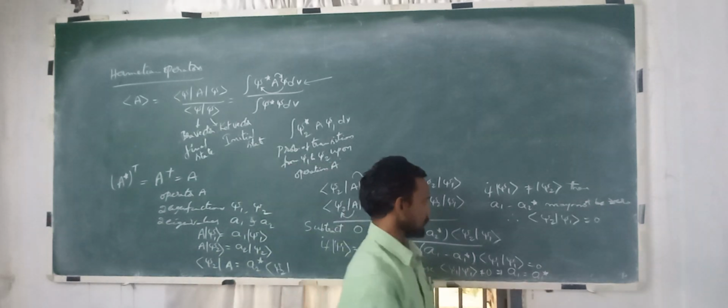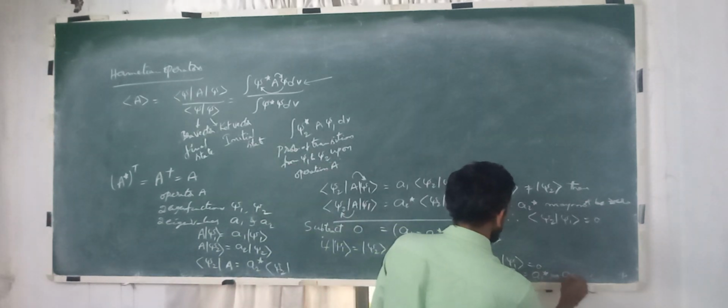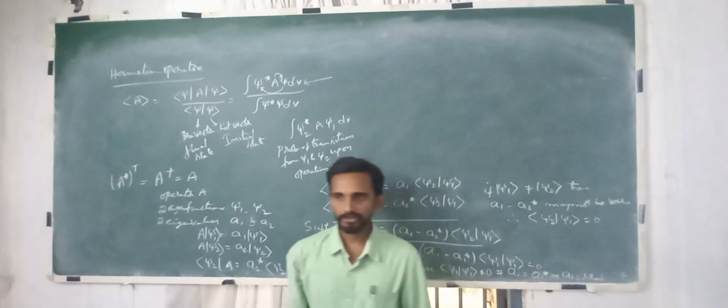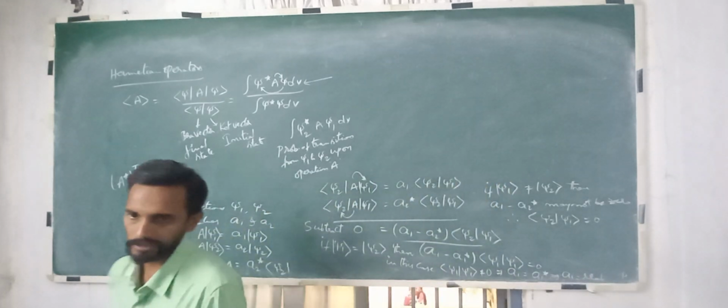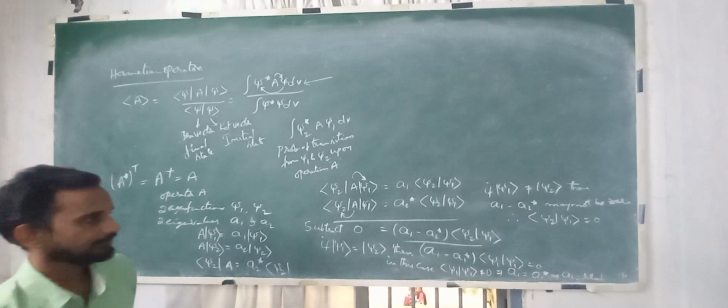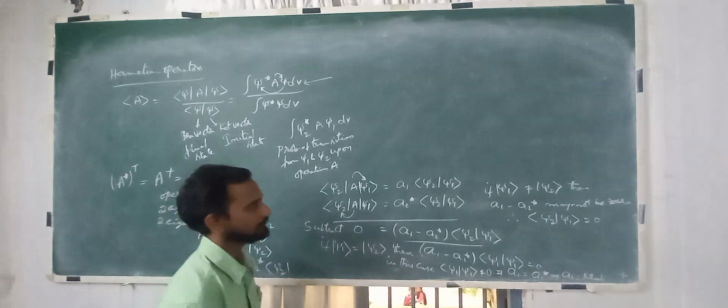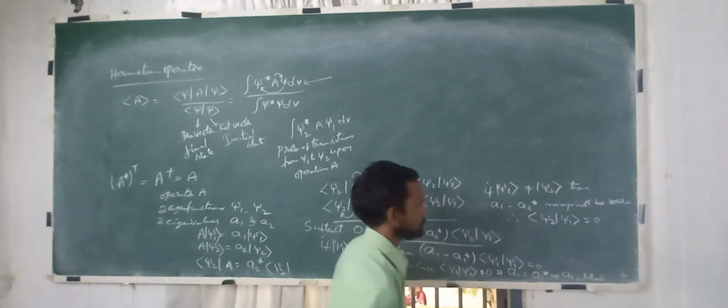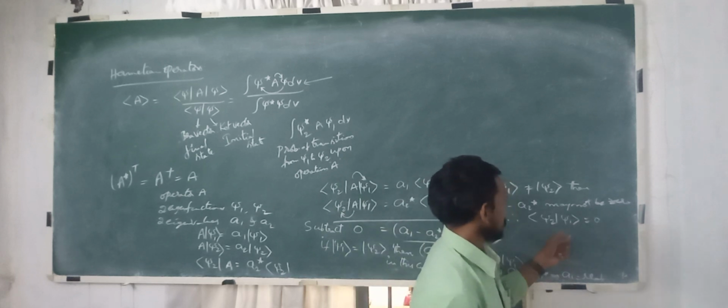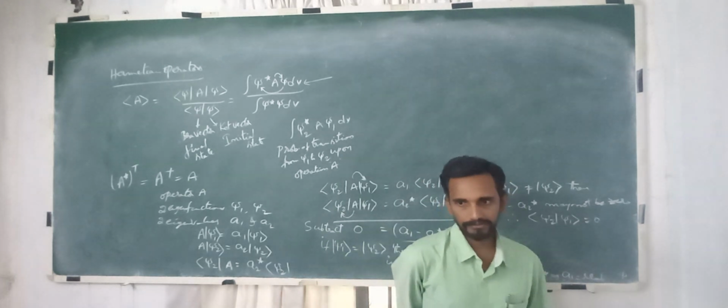A1 is equal to A1 star, that means A1 is real. So eigenvalues of a Hermitian operator are real, and eigenfunctions are orthogonal.